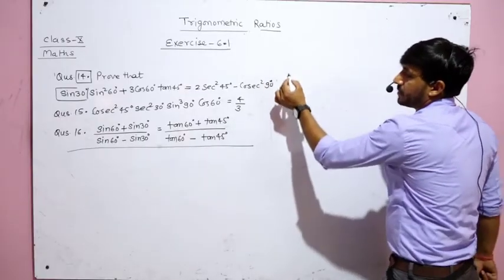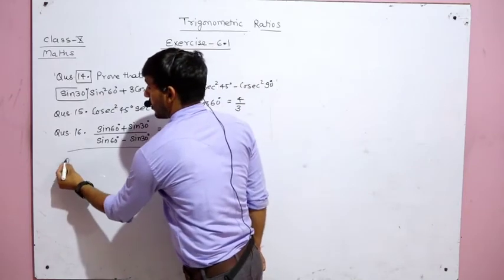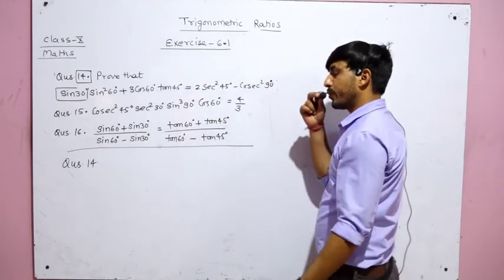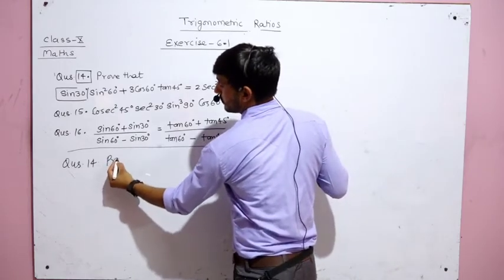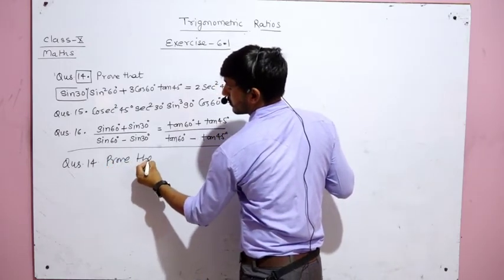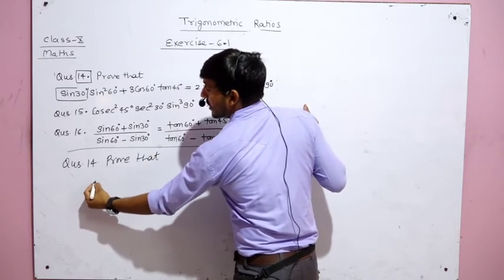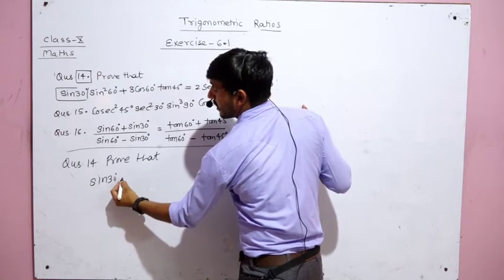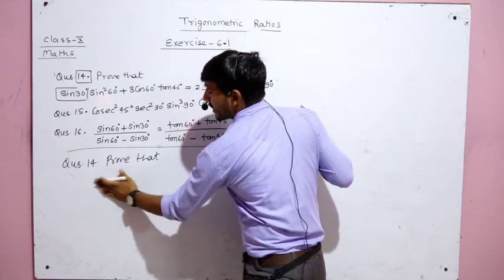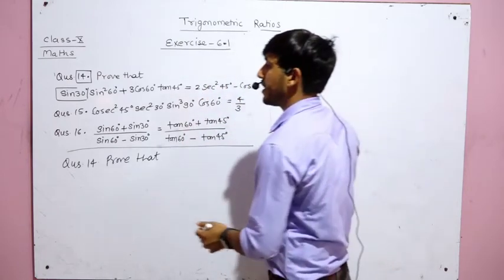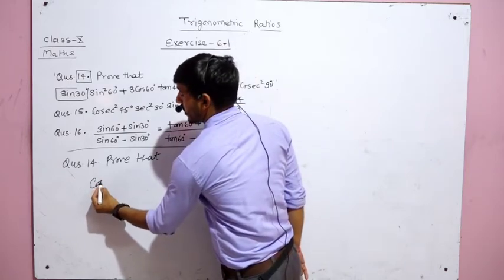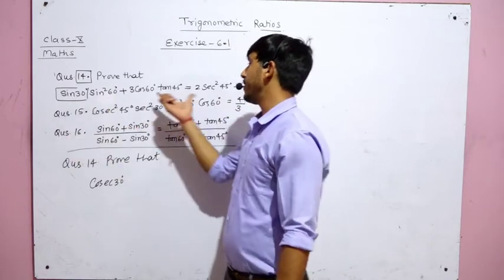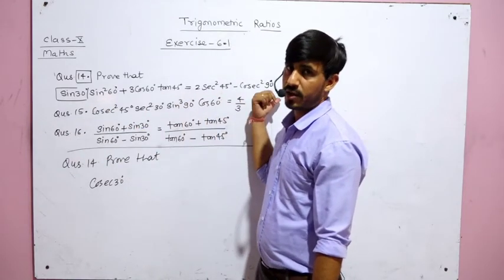Question number 14: we have to prove that cosec 30 degree. The given term was written wrong as sin 30, so in this question you have to correct sin 30 to cosec 30, because if we use sin 30, then we will not get the right side.